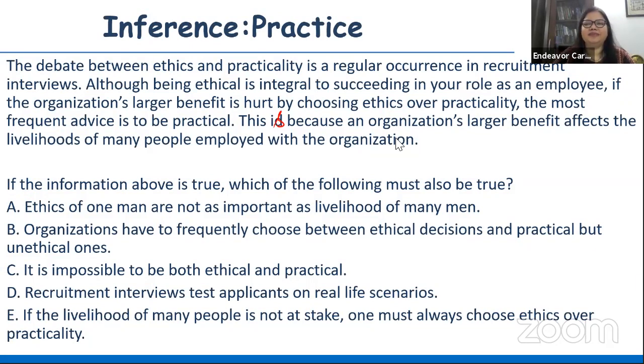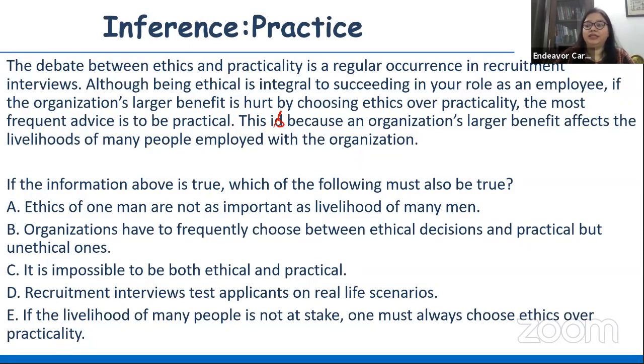Let's discuss your answer. So, the debate between ethics and practicality is a regular occurrence, though being ethical is integral to succeeding in your role as an employee.